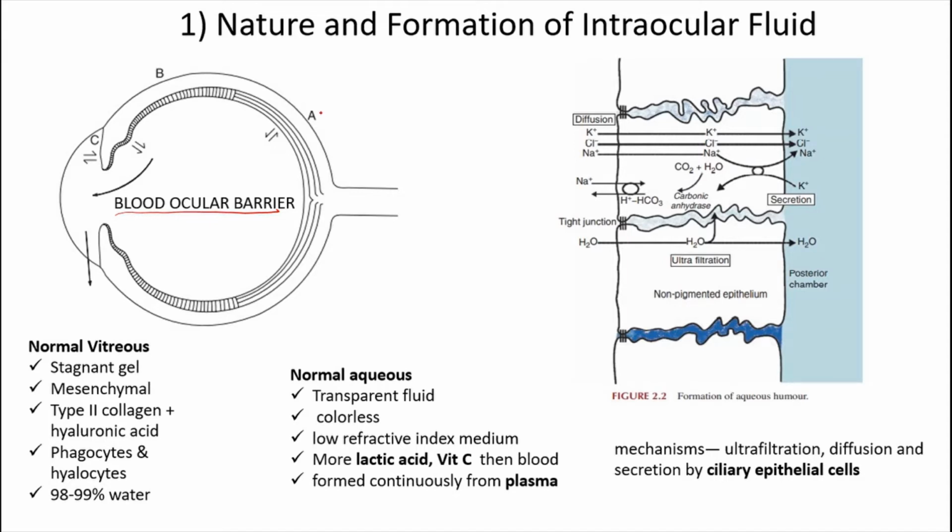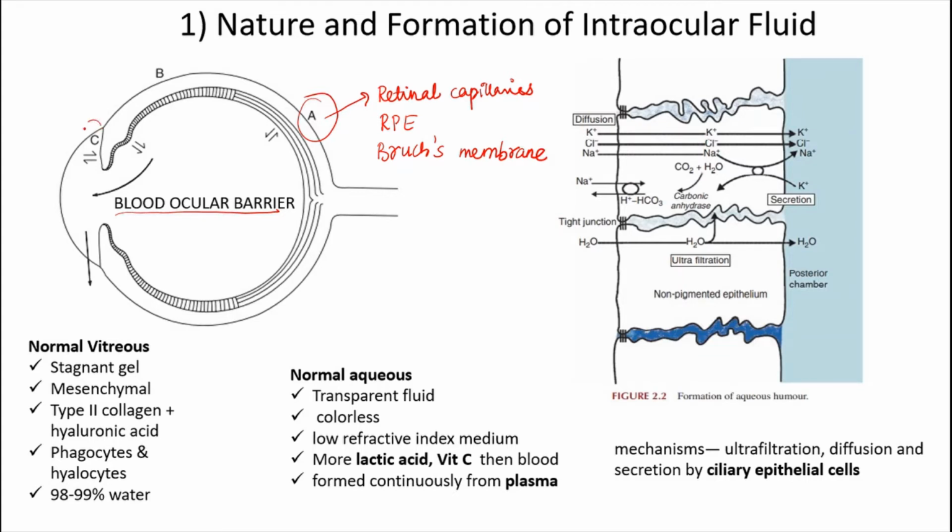Now posteriorly, this blood-ocular barrier is formed by three things. That is your, yeah, you guessed it right, your retinal capillaries. Then comes your RPE, that is your retinal pigmented epithelium, and lastly your Bruch's membrane. Bruch's membrane is simply the layer between your choroid and the retinal pigmented epithelium.